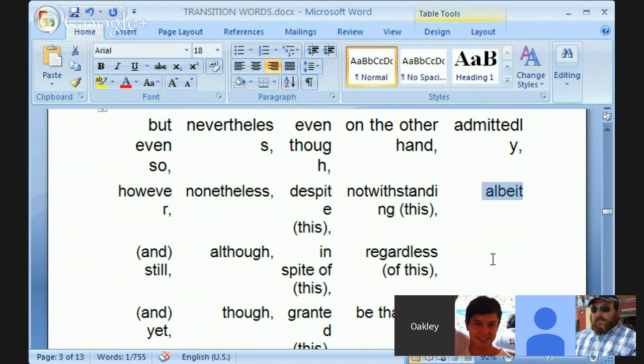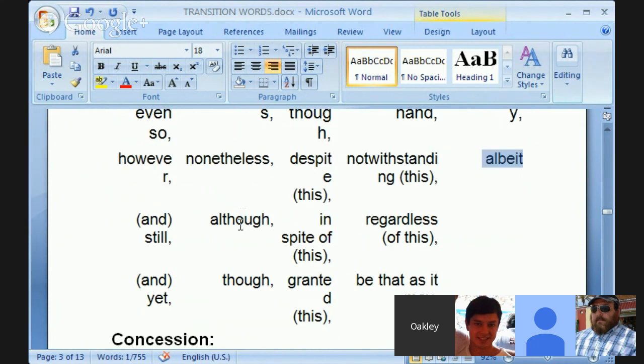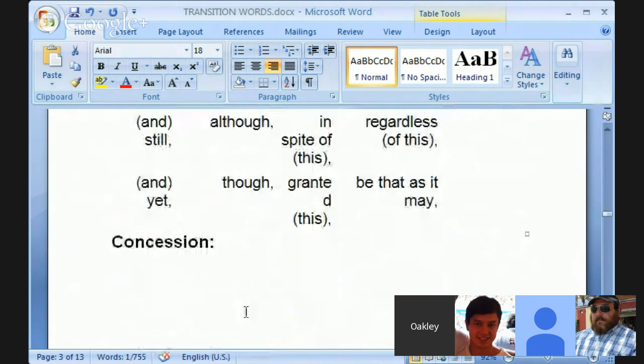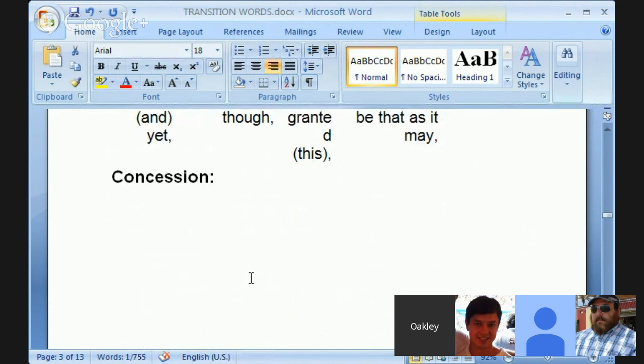Even though, albeit... okay, that would actually work, would actually make sense. All right, that's basically concession.